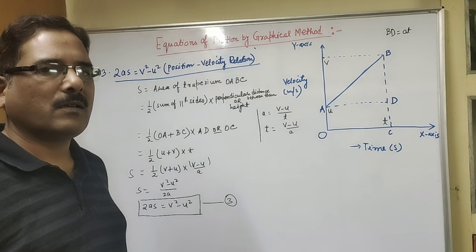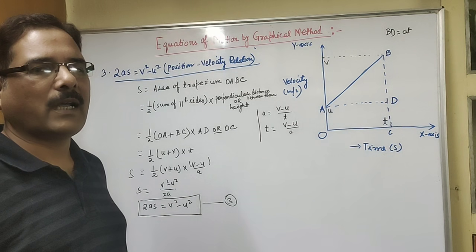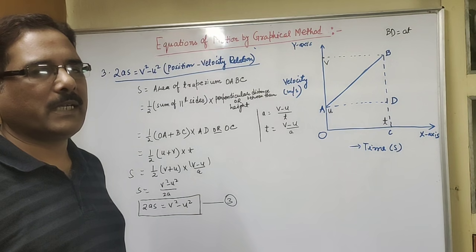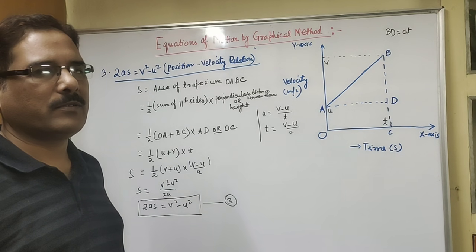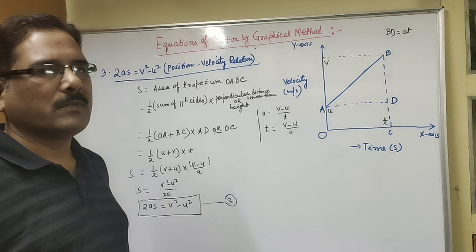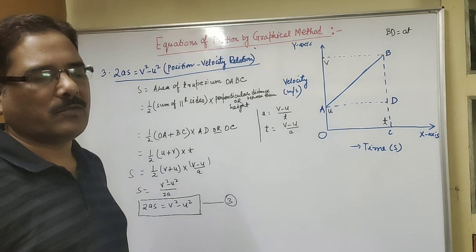Then you write, when an object is dropped from certain height, its initial velocity is 0.